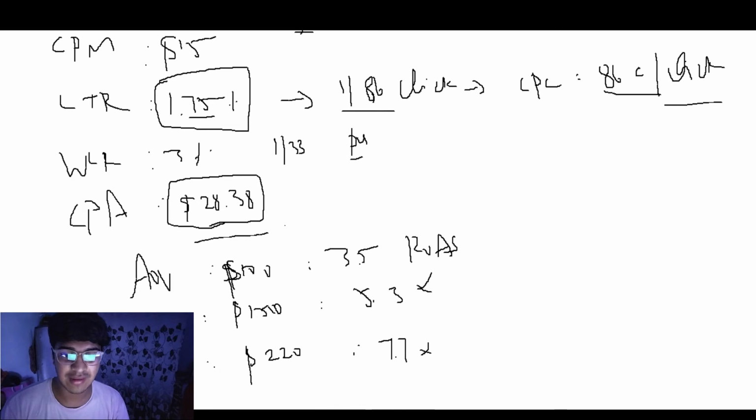Now in the previous case, you remember we had a $1.50 cost per click. Now it's 86 cents. And now again we have the same website conversion rate of 3%, and that's 1 out of every 33 purchase, right? And then now the cost per acquisition comes down to about $28.38.